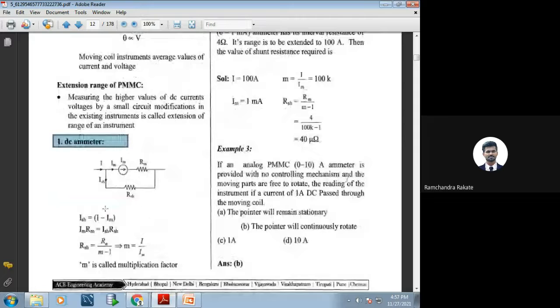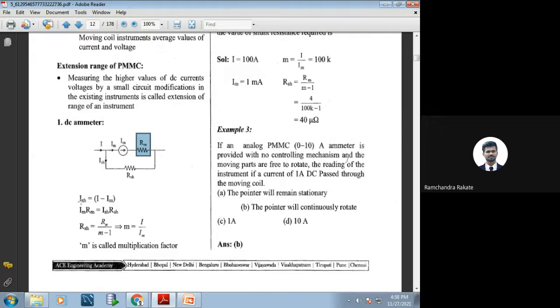In the DC ammeter, the current is I. This is the shunt current, this is the shunt resistance, this is the total ammeter meter, and this is the meter resistance Rm. Now, if we write the equation for ISH, this is the leaving current, this is the incoming current, and this is Im.